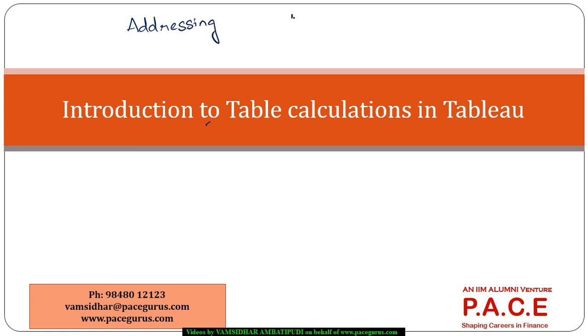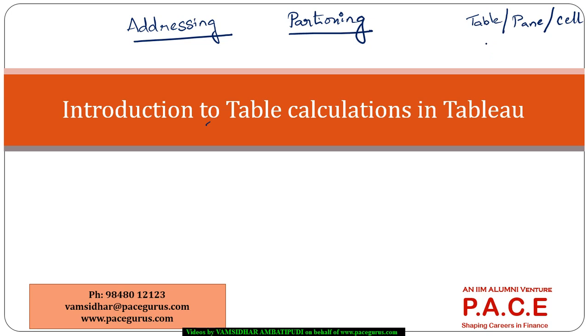another important aspect which is probably similar to scope and direction. In scoping, we are talking about three aspects. One is the table, one is a pane, the other one is a cell. And directions we have seen within the table, again we are talking about across, down, down and across, and across and down.